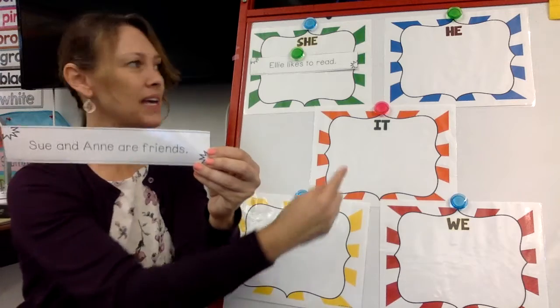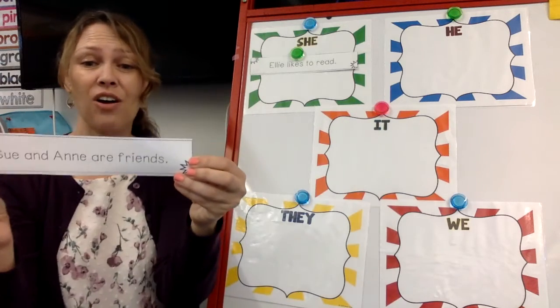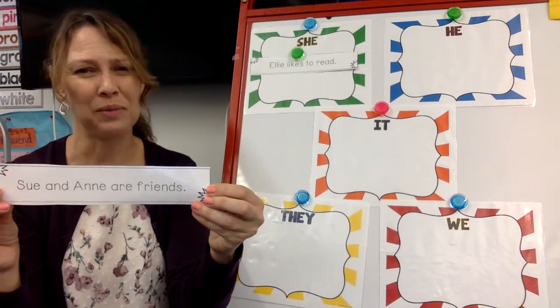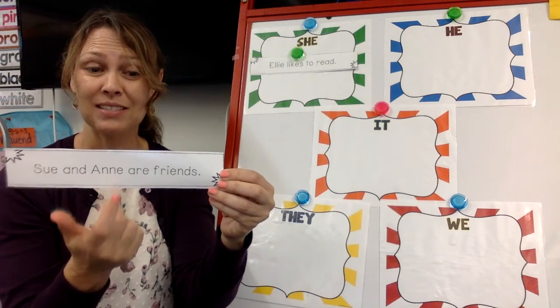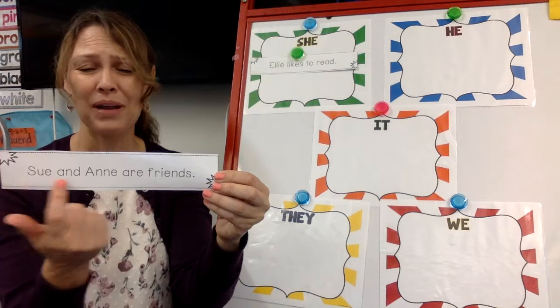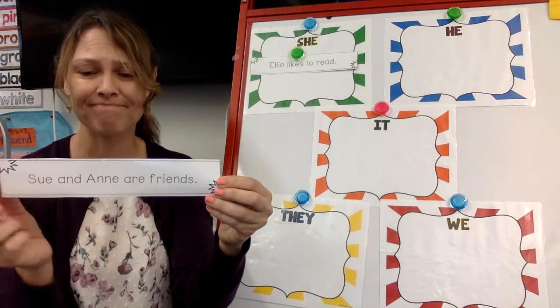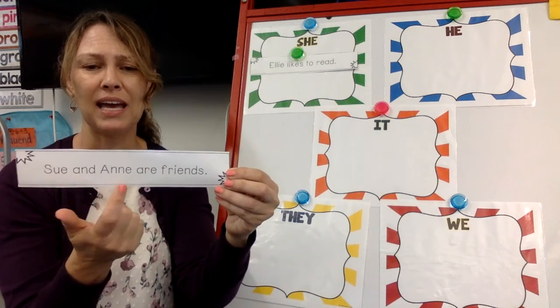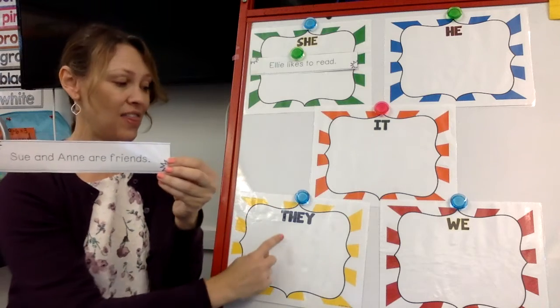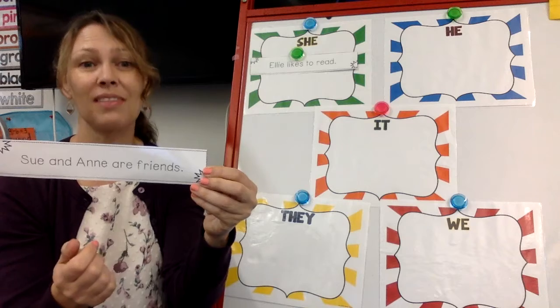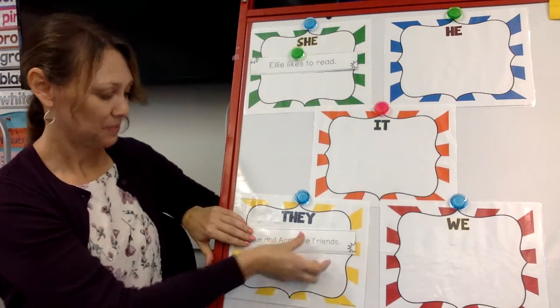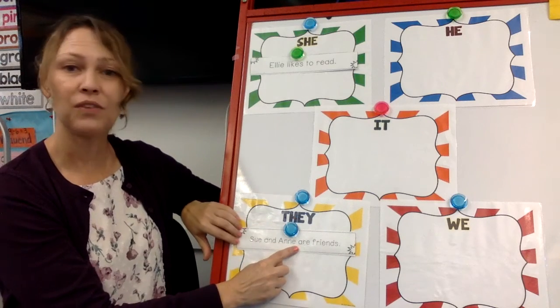Could I say he are friends? That wouldn't make any sense. We are friends? That makes sense, but I'm not in this sentence. Sue and Anne. How about they? They are friends. That makes sense. So I'm going to put it underneath the word they.